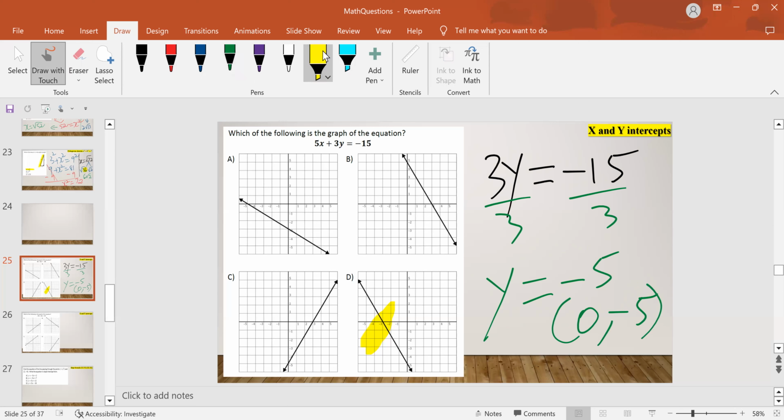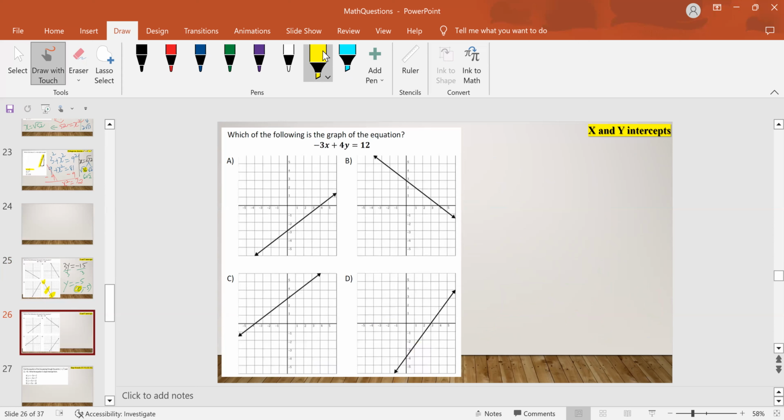Remember again the formula: for the y-intercept, the x value is always 0. So which graph here has 0, comma, negative 5 as a y-intercept? I have this one here. I also have this one with negative 5, but the x-intercept is not the same, so I cannot choose C. So I choose D. D is the best choice.